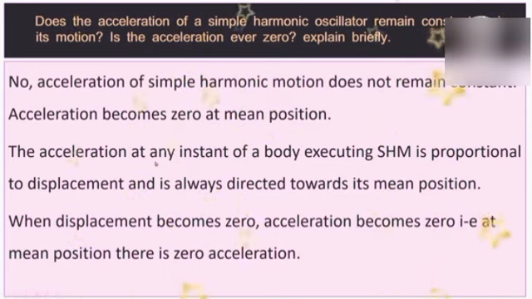The acceleration at any instant of a body executing simple harmonic motion is proportional to displacement and is always directed towards its mean position. When displacement becomes zero, acceleration becomes zero. That is, at the mean position, there is zero acceleration.